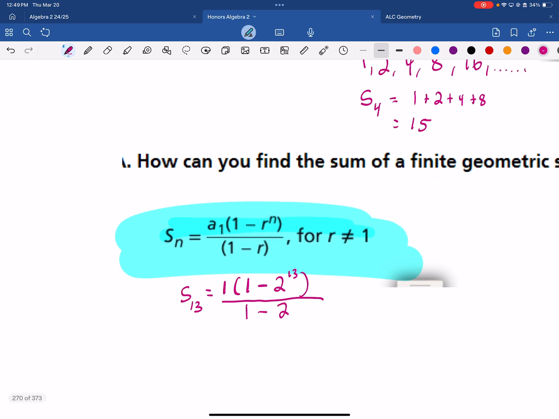So you get out your calculators, and calculators are very much going to be needed today. I've got 1, then parentheses, 1 minus my ratio of 2, raised to the 13th, because that's the one we're going to find.